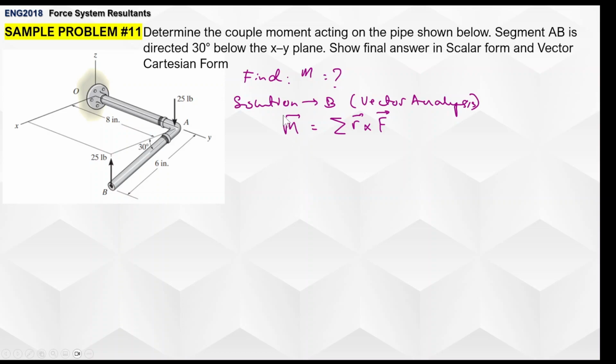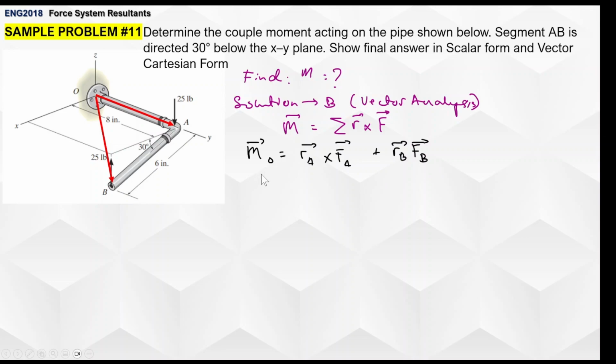In this case, we're determining the vector moment M equals the summation of all the cross products of position vector r and force vector F. Good thing we have two forces and two potential position vectors, which are r_OA and r_OB. And all we have to do is just get the summation of the cross products.